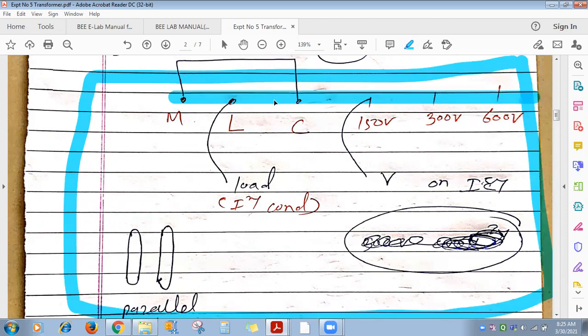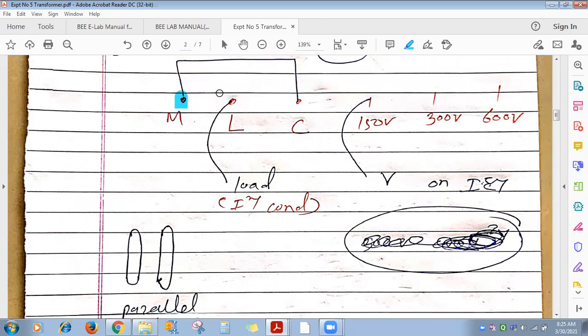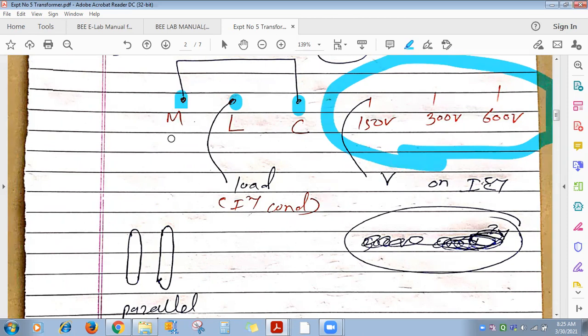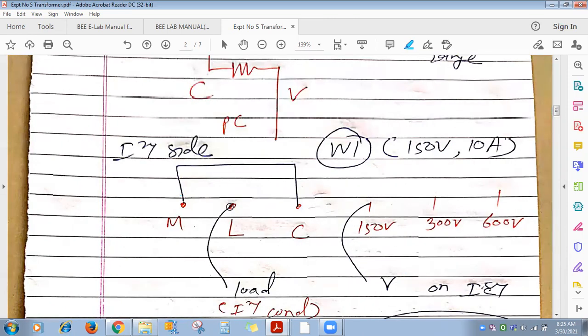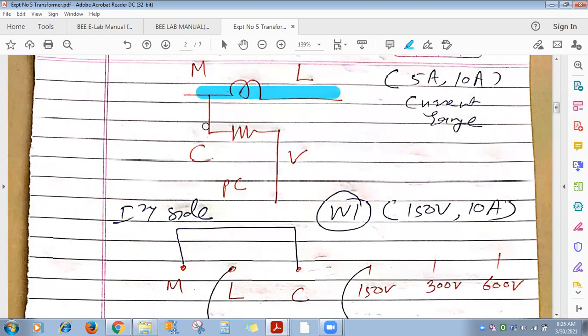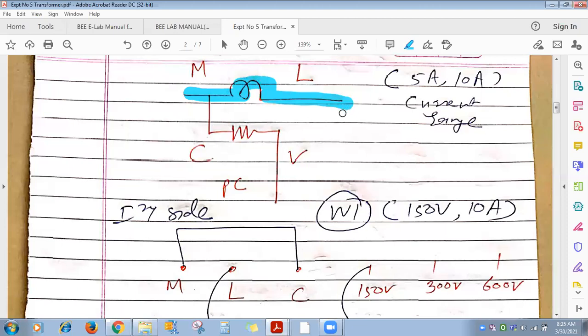The first is M, the second is L, the third is C, and for V, 3 options are there. This symbol is the current coil and this is the pressure coil. The current coil is more inductive, so its two terminals are marked M and L. The pressure coil is more resistive, and its two terminals are marked C and V.